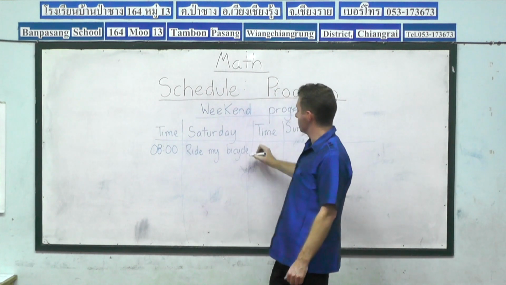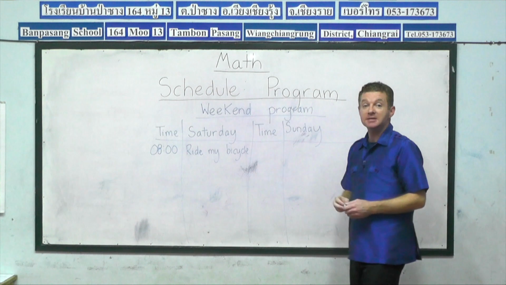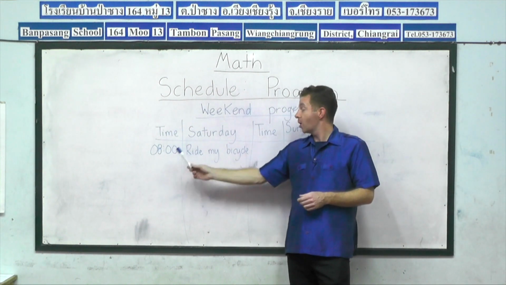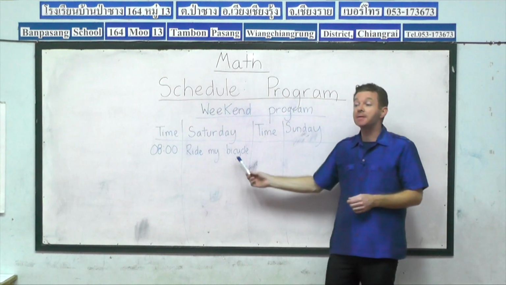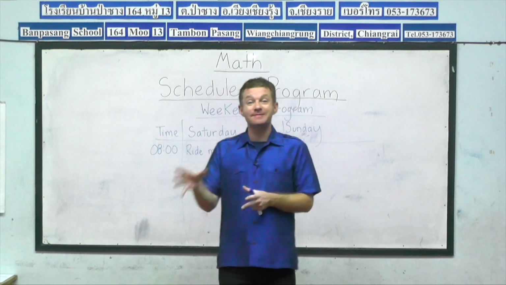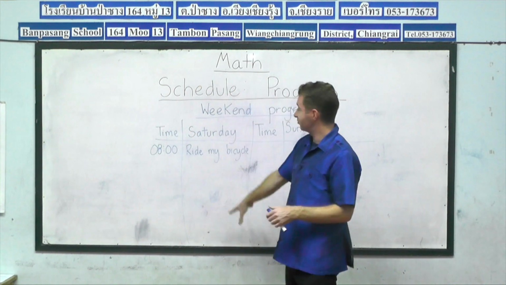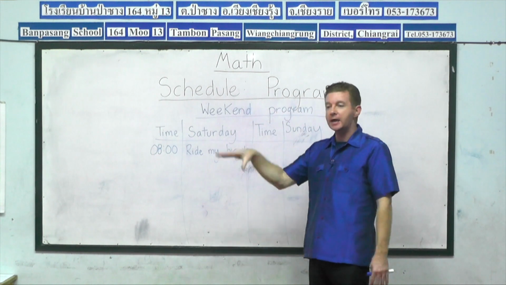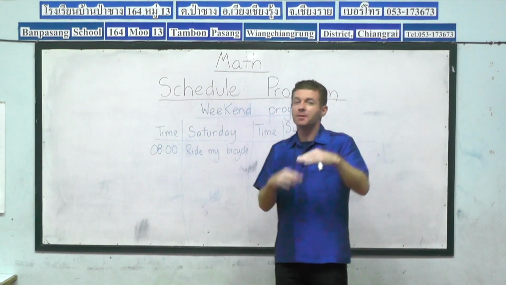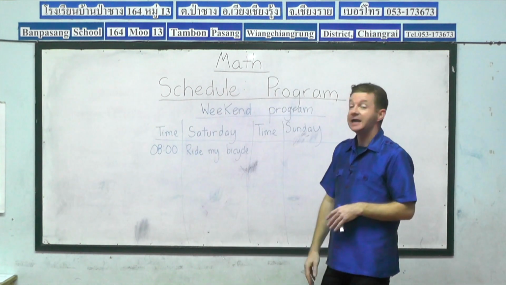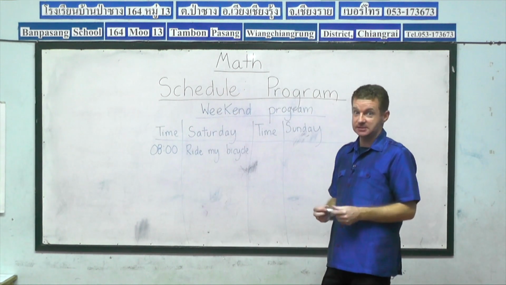On a Saturday morning, I like to ride my bicycle. So all together, guys, 8 o'clock, ride my bicycle. Now, your weekend programs might be different. This is just a demonstration of how to complete. We don't need to do every activity for a weekend program, like wake up, brush my teeth, get showered. We're only interested in the interesting activities.